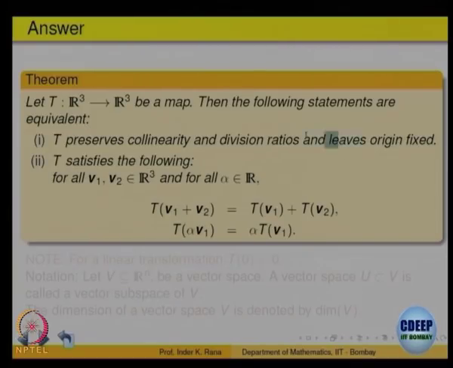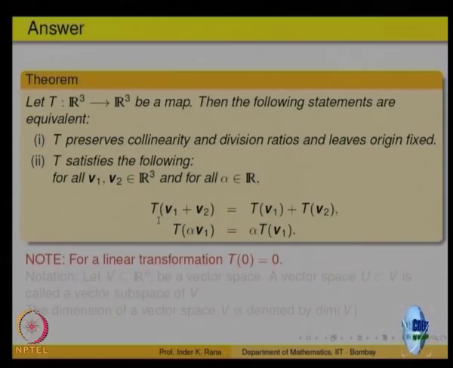It is equivalent to saying the algebraic condition now. T of, you take two vectors v1 and v2 in R3, take their sum and take their image, that is same as the sum of the respective images. And if you scalar multiply a vector, magnify a vector, then the image gets magnified by the same scale.